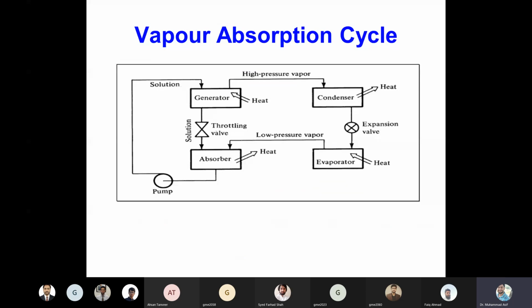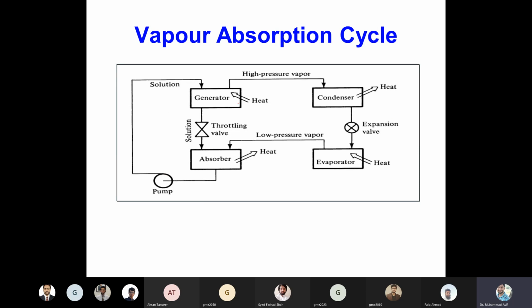Now, the second type of cycle that we need to focus on is the vapor absorption cycle. As I mentioned, in the previous one, the vapor compression cycle, the main input was electricity. But the vapor absorption cycle is basically a heat driven process. There is only a small pump whose input is negligible compared to the input of the remaining system.